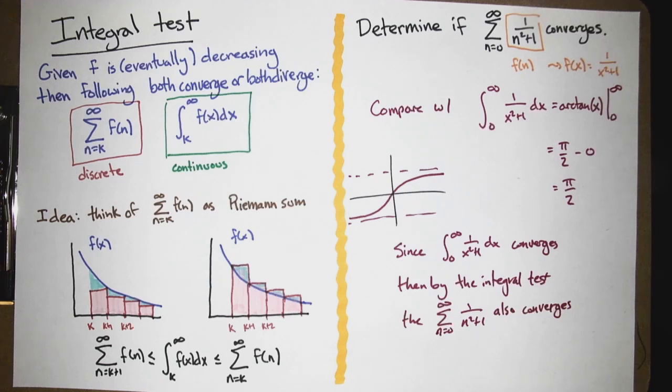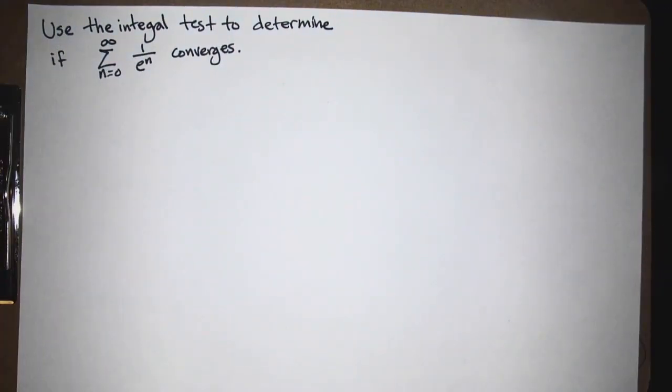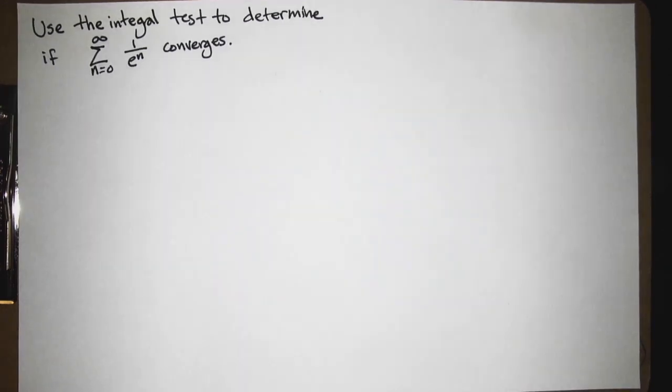Well, let's try another one. Okay. Use the integral test to determine if the following sum converges: 1 over e to the n. Well, let's not take too long. We have other things to say. So, what's the function?